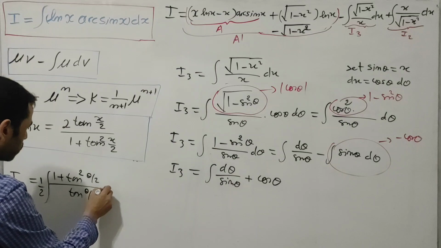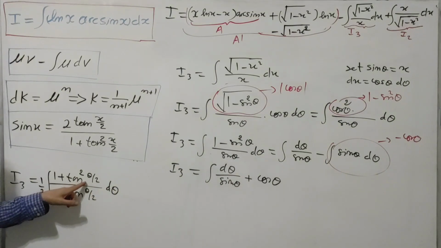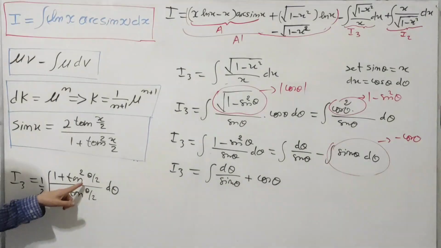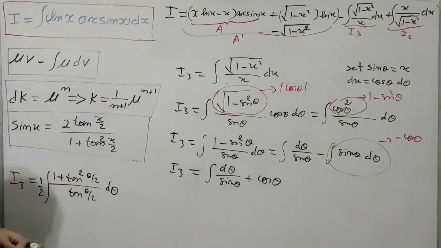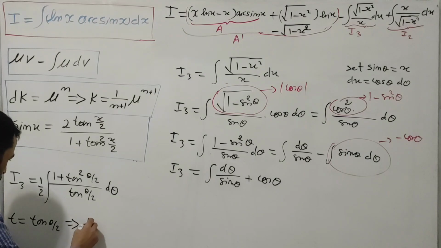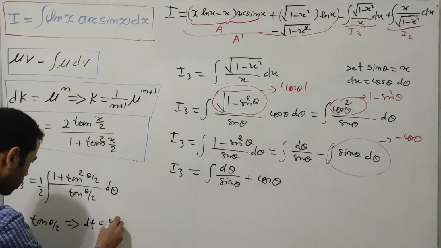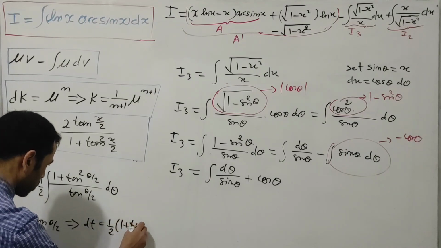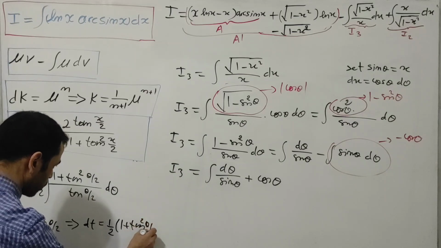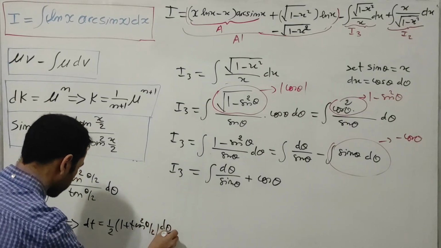d theta, now I'm going to do a nice substitution here by replacing tangent theta over 2 with t. So we'll have t equals tangent theta over 2. By taking the differentiation of this one, it gives us dt equals half multiplied by 1 plus tangent square theta over 2 d theta.